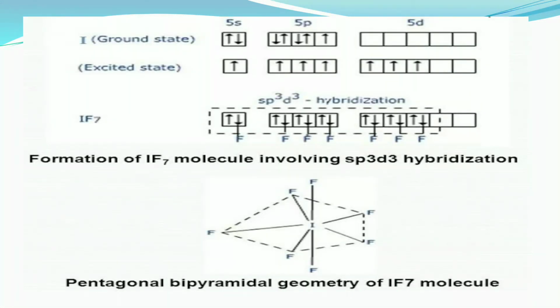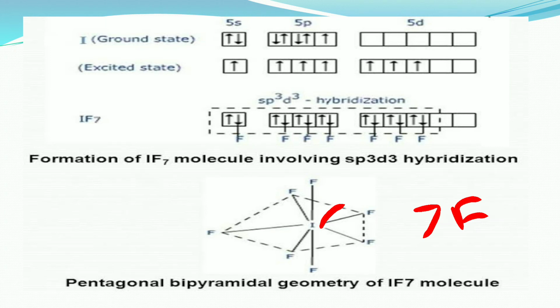Let me learn their hybridization. Here the central atom is iodine. The valence electronic configuration of iodine is 5s2 and 5p5. This iodine is bonded with 7 fluorine atoms. That's why iodine requires 7 half-filled orbitals.